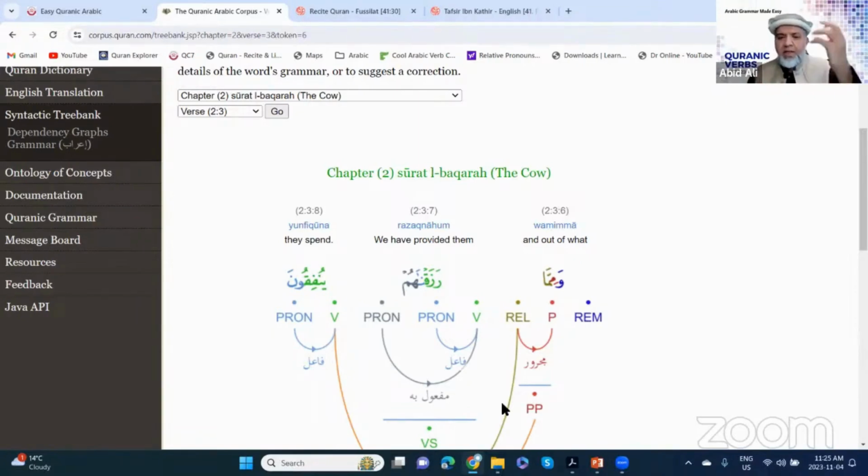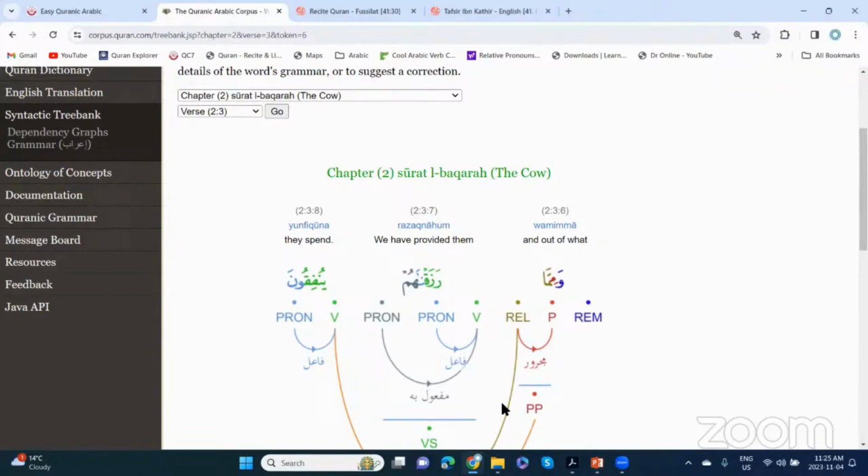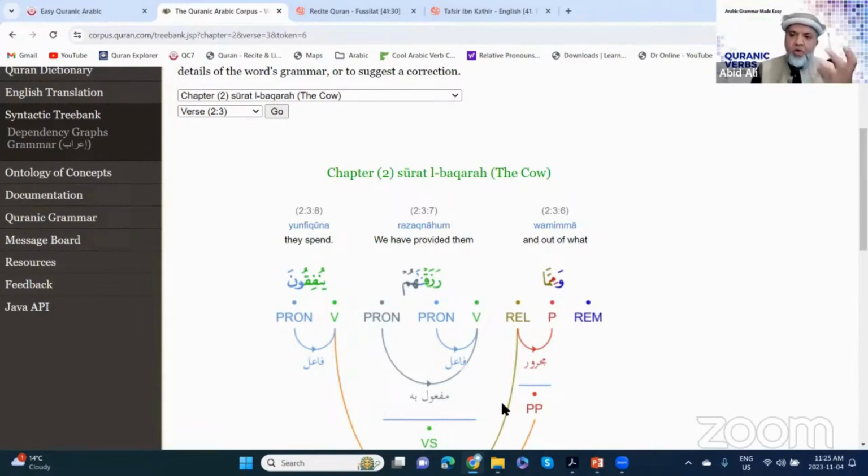So madi and mudari, you see both of them in action. Razaqnahum is a madi verbal sentence and yunfiquna is a mudari verbal sentence. Why? Because there is a verb, nafaqa, and una is the plural sound of hum. So the fa'il is they, and what they do, they spend. Now, in this sentence, we know this is spend, present.